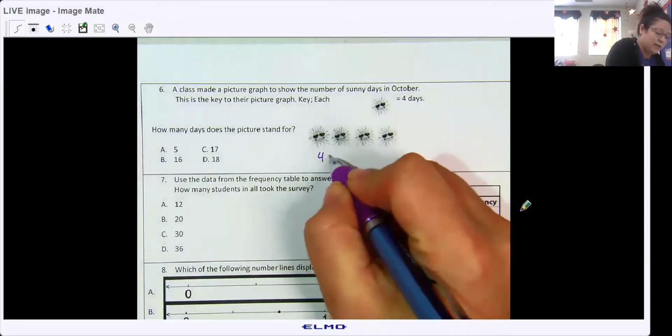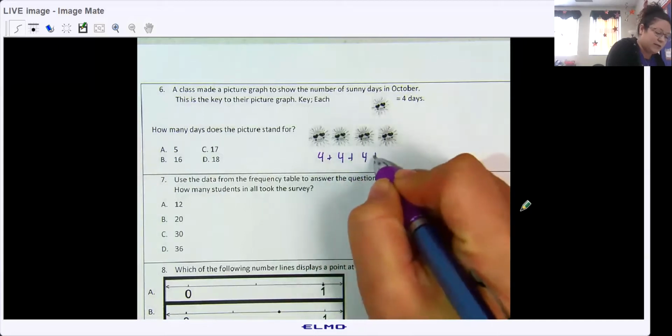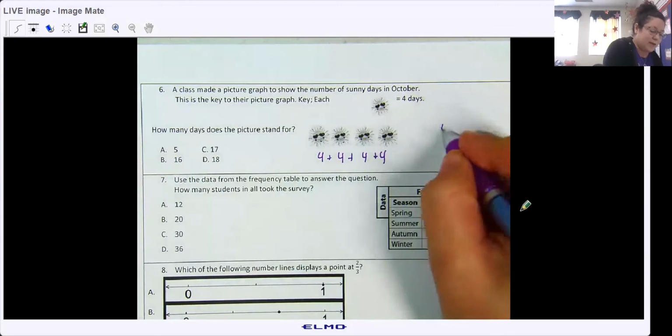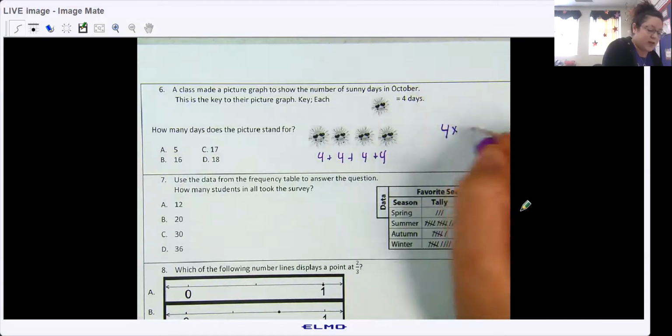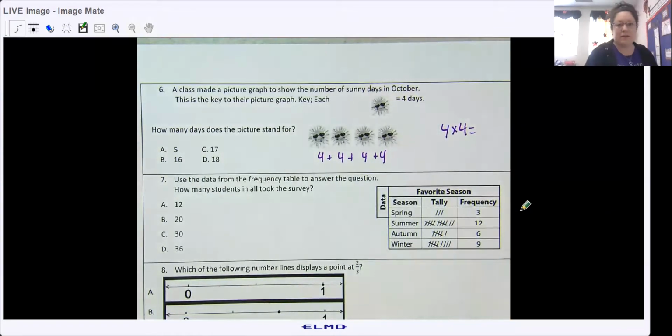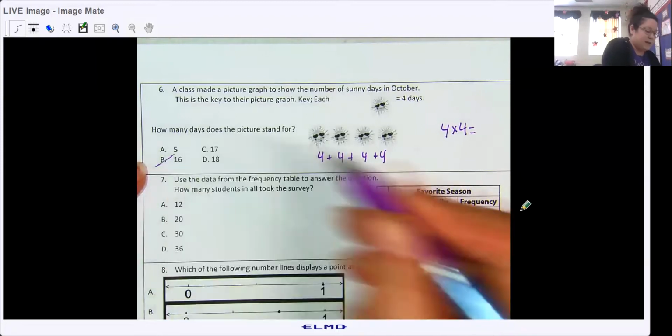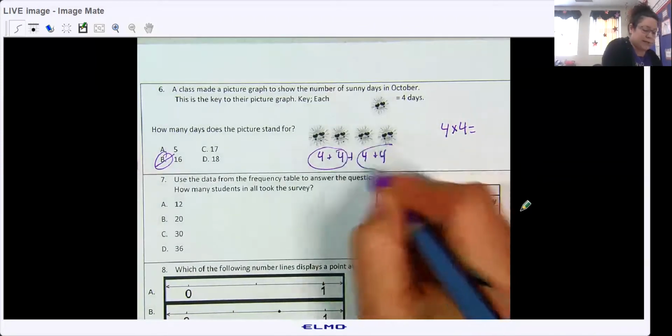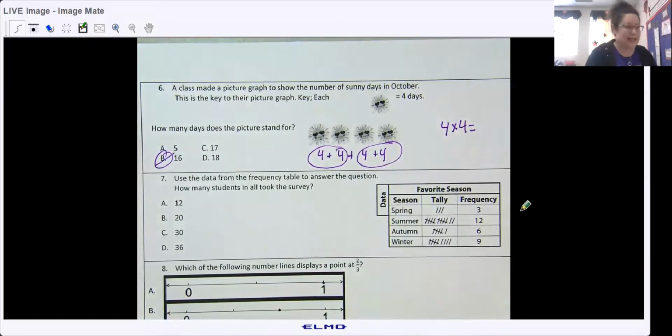If each one is 4, you could say 4 sunshines, and each one is worth 4. And you should get B, 16. 4 plus 4 is 8, 4 plus 4 is 8, 8 plus 8 is 16.